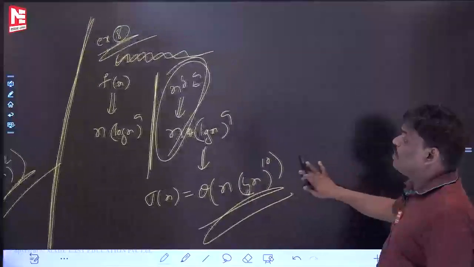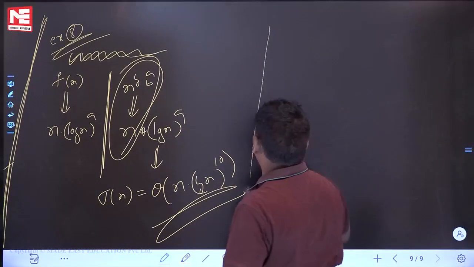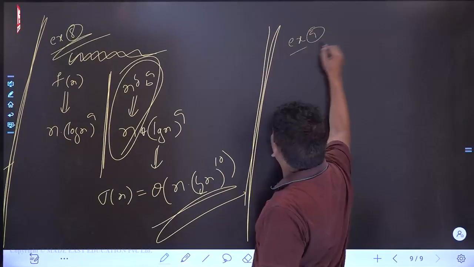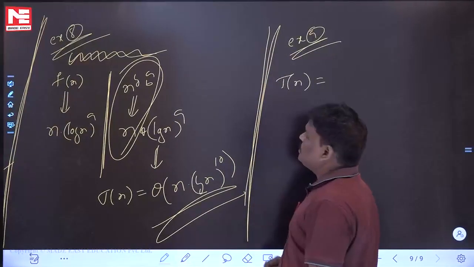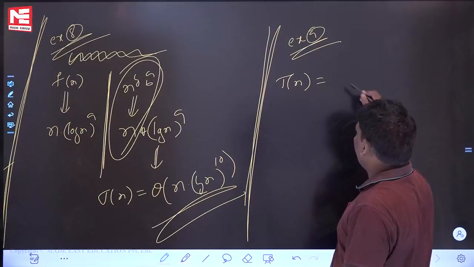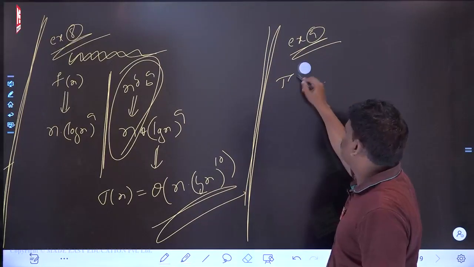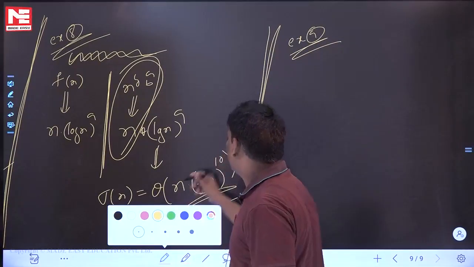Now I am saying one more small line, otherwise it may trouble you. See example 9 now. Assume some recurrence relation. Don't concentrate on the recurrence relation itself, you just have to know the point.